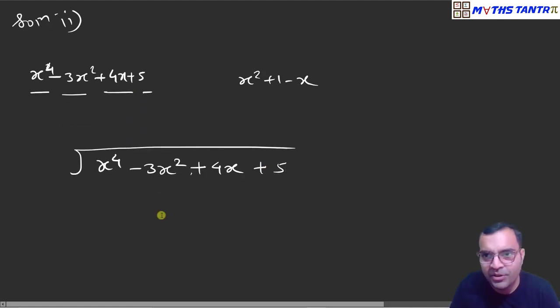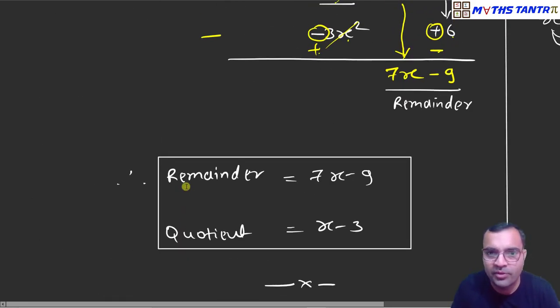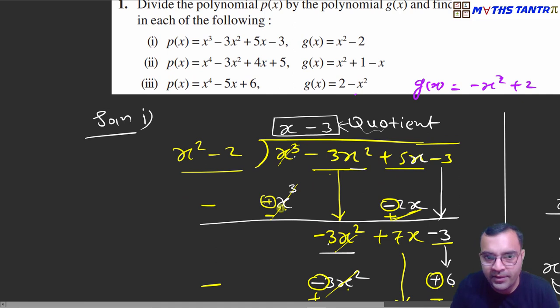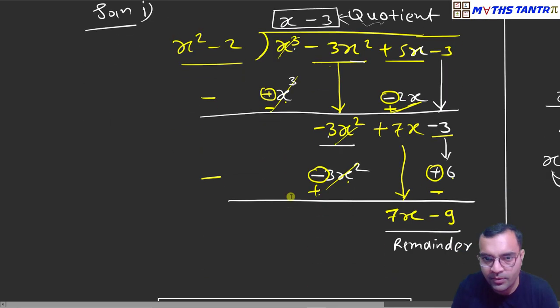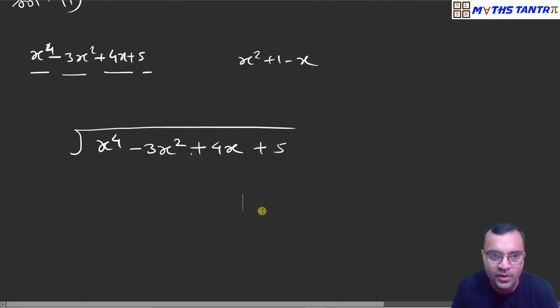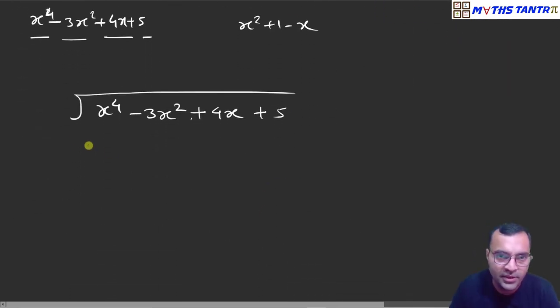If a term is not there, you can use the 0 for that, or else just follow the step which I have explained. Write the terms below the proper variable term, that is, the power should be the same. Here you can see power is 1, 1. Here power of the variable is 3, 3. So now we have written this in descending order.